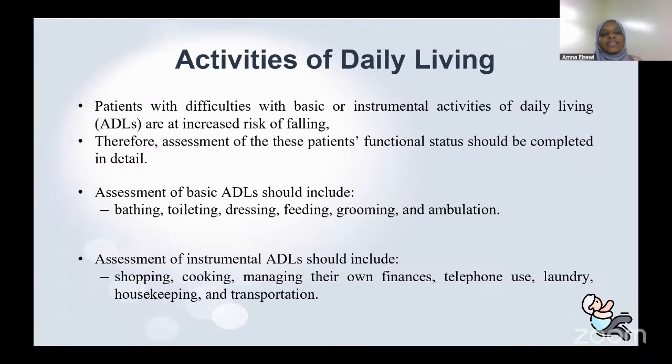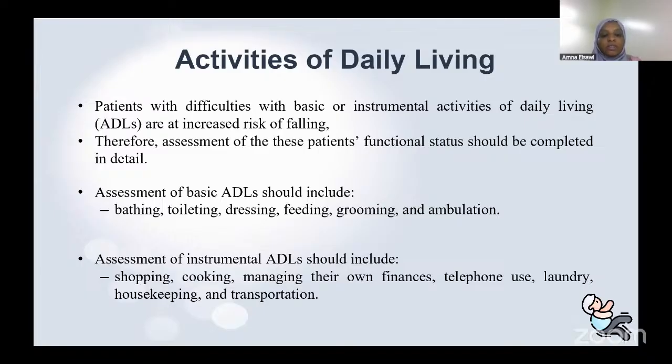The first being the assessment of basic activities of daily living, such as bathing, toileting, dressing, feeding, grooming, continence. And then there is the assessment of instrumental activities of daily living, such as shopping, cooking, and managing the finances, telephone use, laundry, housekeeping, and transportation.